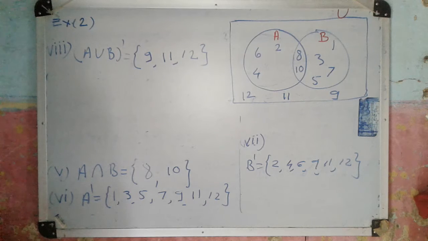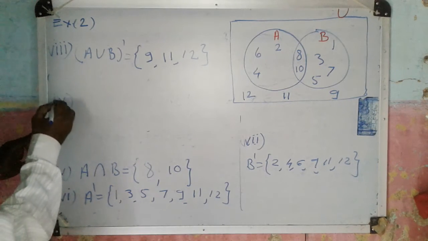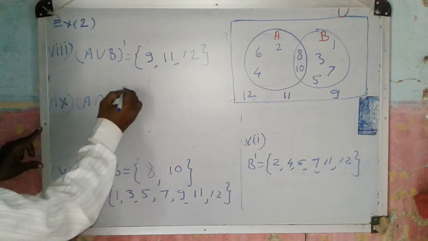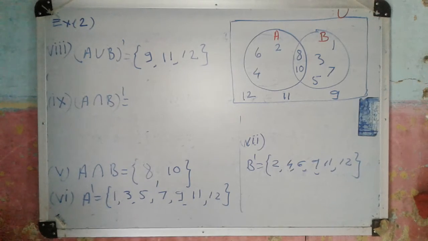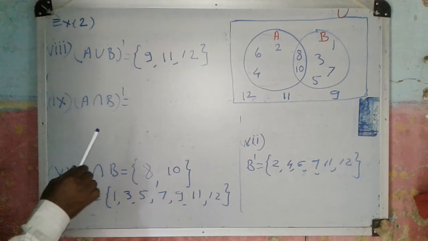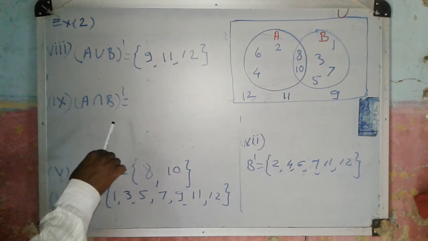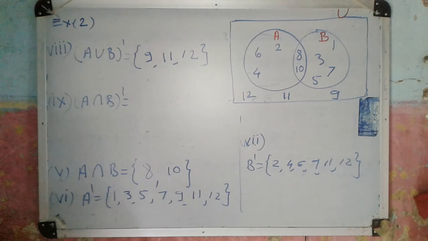And the last is the complement of A intersection B. That means the elements which are not in the intersection of A and B but they are in the universal set.